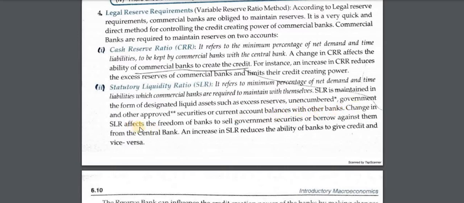A change in SLR affects the freedom of banks to sell government securities or borrow against them from the central bank. An increase in SLR reduces the ability of banks to give credit and vice versa.